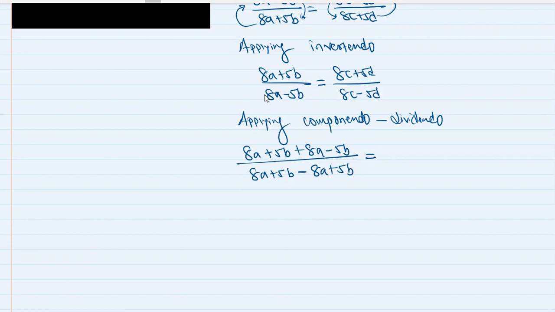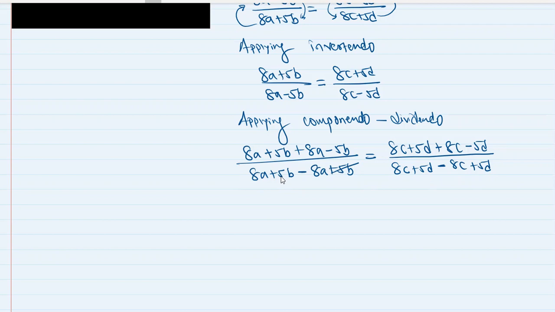This became minus 8a, this became plus 5b. Similarly, 8c plus 5d plus 8c minus 5d, the whole upon 8c plus 5d minus 8c plus 5d.